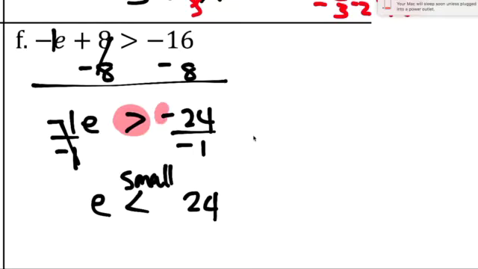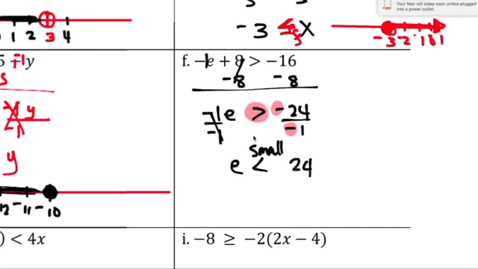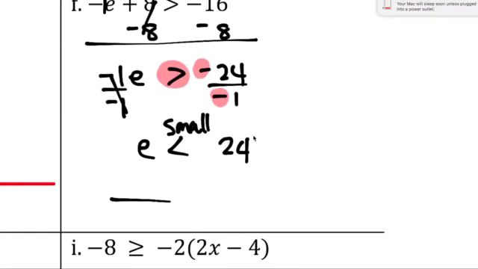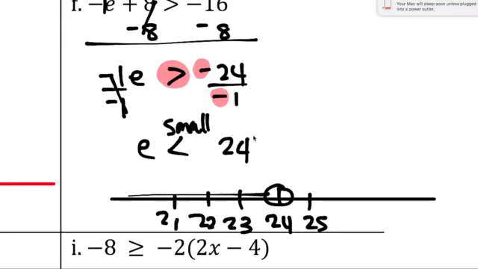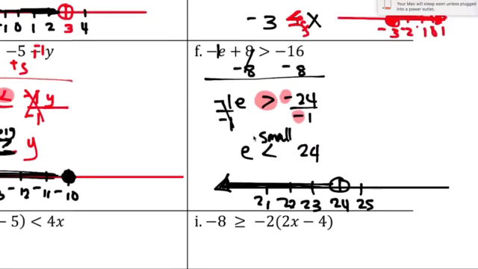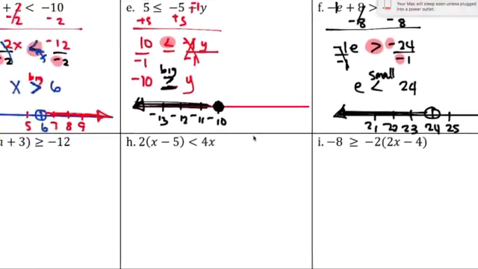So when you're doing your number line, you start out at 24 here, with an open circle. Numbers that are smaller than 24: here's 23, here's 24, 25, right, like that. So numbers that are smaller are 23, 22, 21, 20, 19, they're smaller than 24.